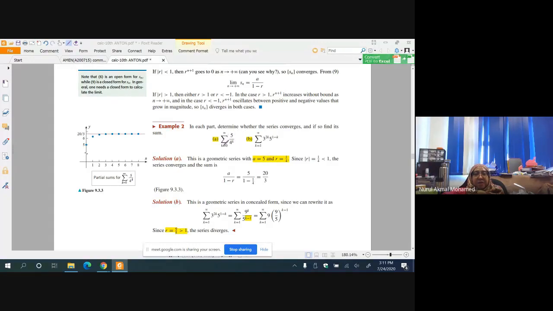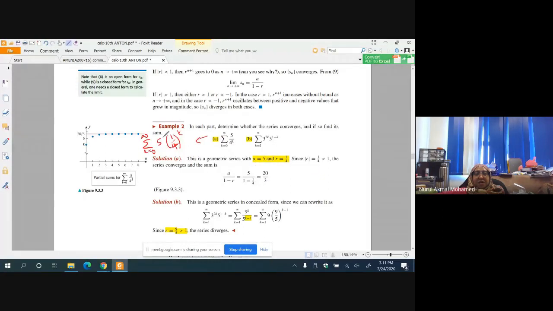What about r? Your r will be 1/4, because this can actually be written as the summation with k starting from 0 up to infinity of 5 times 1/4 to the power of k. So your r here is equal to 1/4.